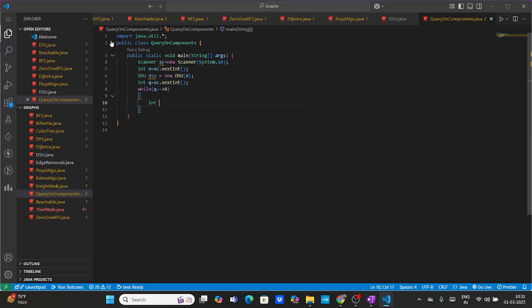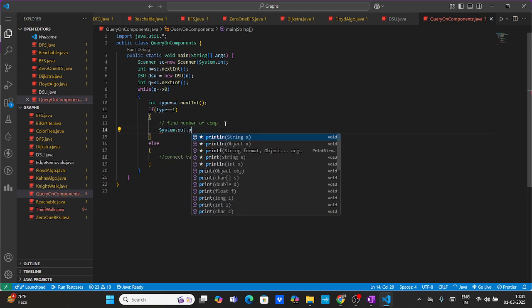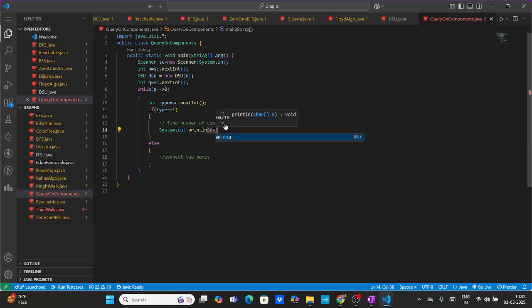So int type, which means which type of query it is. If type equals 1, we are trying to find the number of components. Else, connect two nodes. In this case, can I say DSU of number of components, exactly.